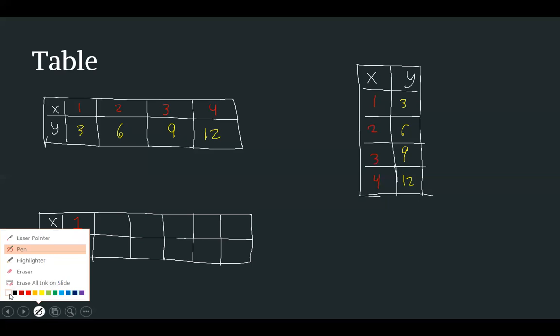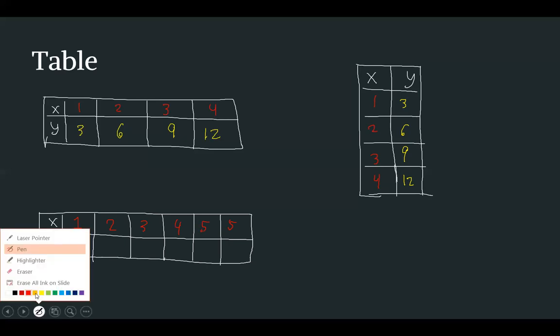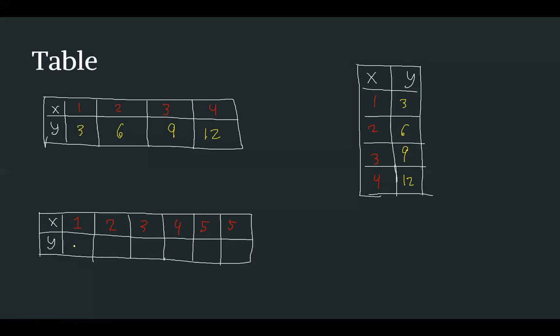Let's just say I have 1, 2, 3, 4, 5, and 5. Then for Y, let's just say I have 2, 4, 6, 8, 10, 12.